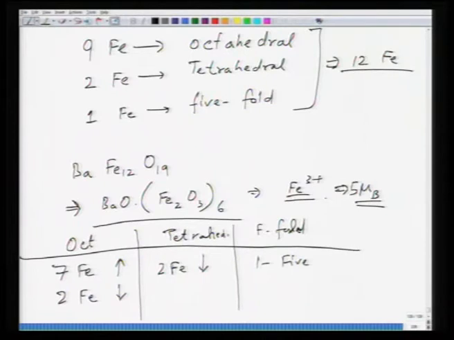And with reference to this, the 2 in tetrahedral sites are spin down, and 1 in 5-fold is spin up. So, essentially what you have is a total of 8 iron atoms spin up and 4 iron atoms spin down per formula unit.